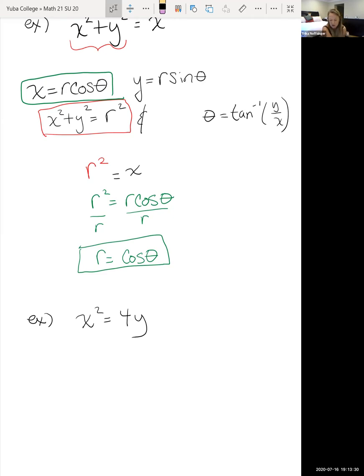We know x squared is the same thing as r cosine theta, quantity squared, which is equal to 4 times y, but y is the same thing here as r sine theta.